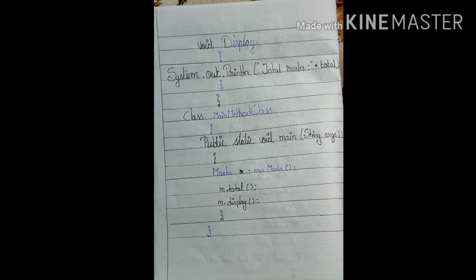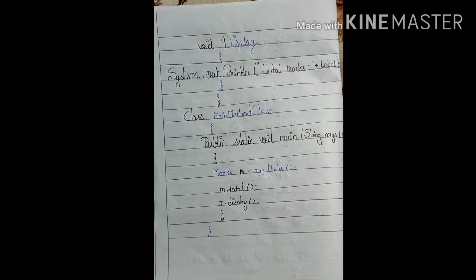And now let's declare another member function, which is our second function, and let's name it void display. Here void is the return type and display is the name of the function, which is given by the programmer. So this display function is used to display the total marks.